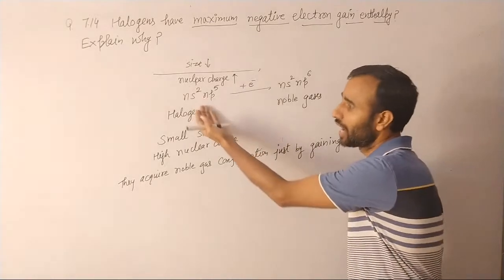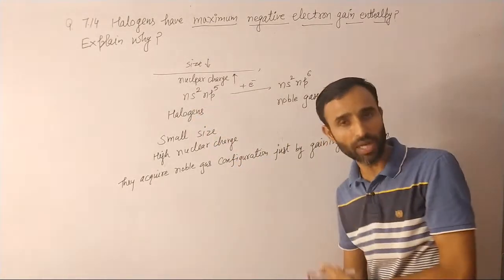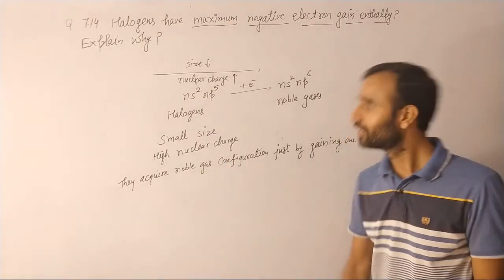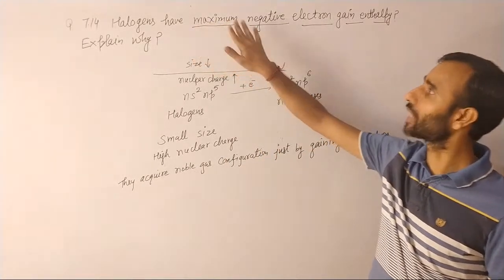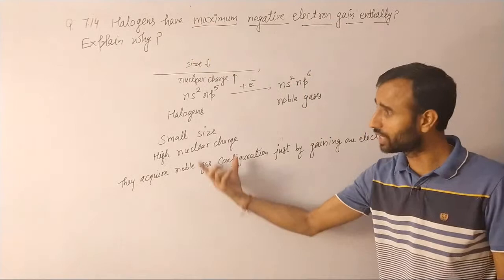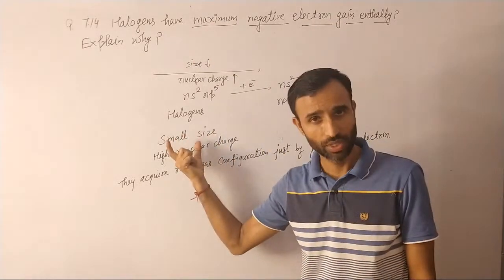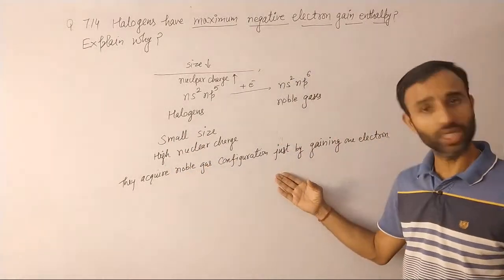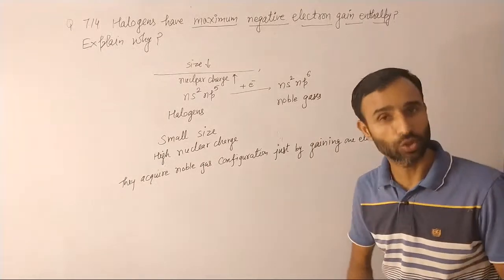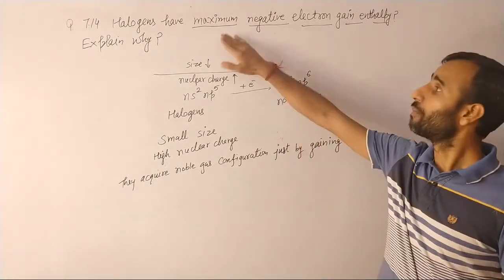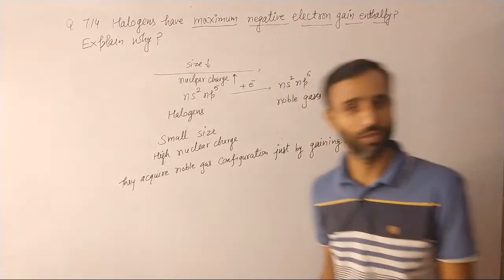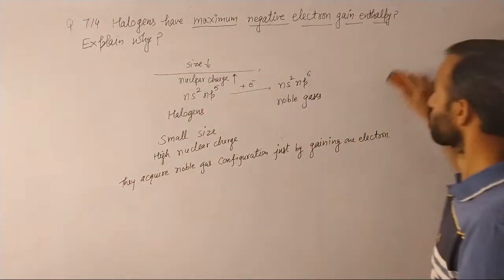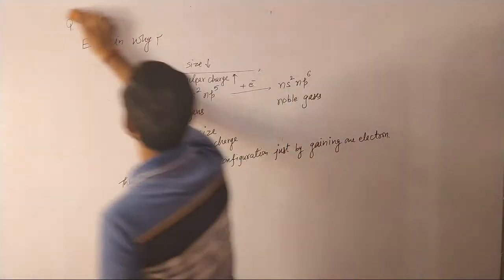Obviously, when halogens gain one electron, they acquire stable electronic configuration, so energy is released, right? And that's why halogens have maximum negative electron gain enthalpy. You will write like this: that halogens have small size, they have high nuclear charge, and they acquire noble gas configuration just by gaining one electron, and that's why they have maximum negative electron gain enthalpy. Done? Okay, so this is question number 14.